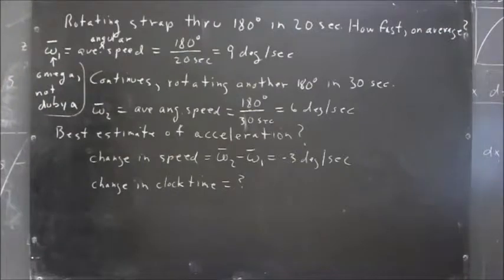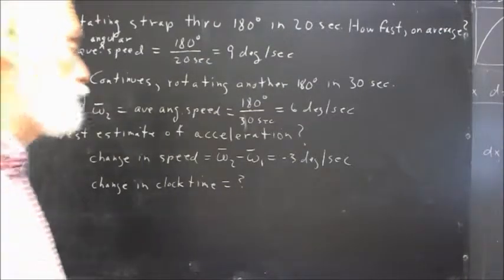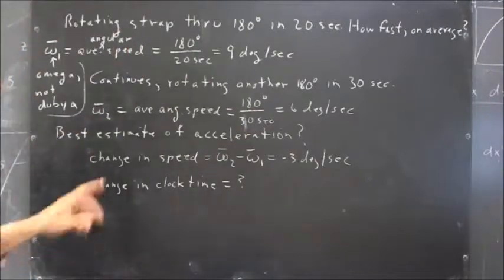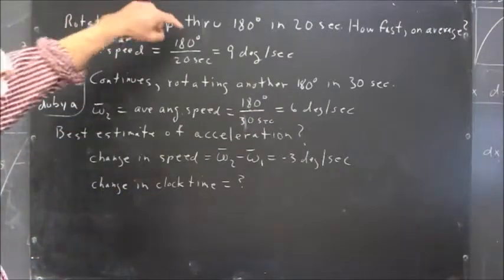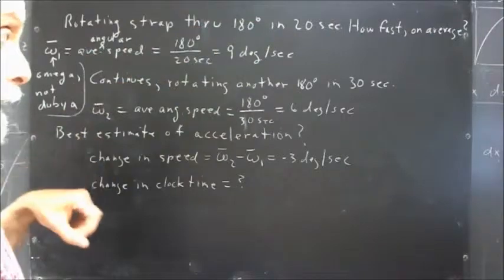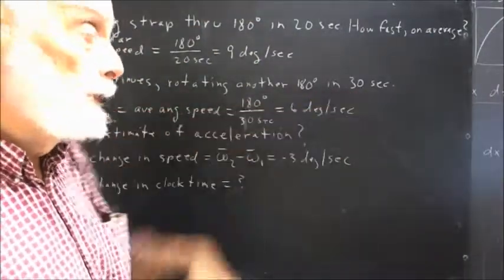So pause, answer this one. Okay? I would say that your change in clock time would be best measured from the midpoint of this 180 degree or this 20-second interval to the midpoint of this 30-second interval.